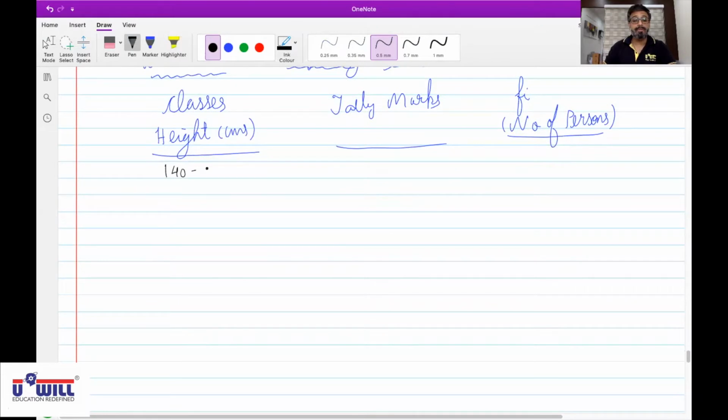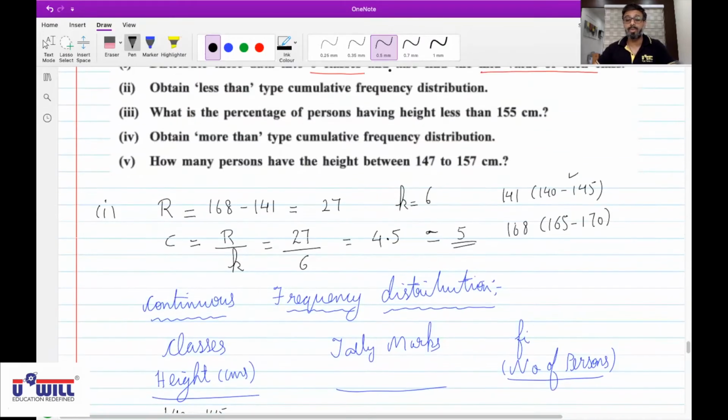So write down 140 to 145, 145 to 150, 150 to 155, 155 to 160, 160 to 165, and last one 165 to 170.